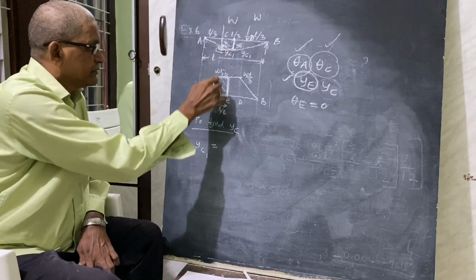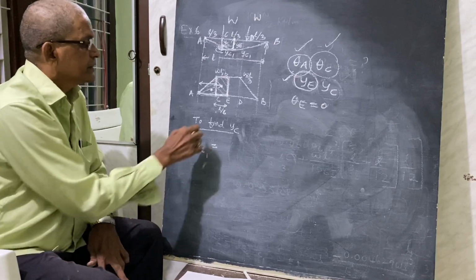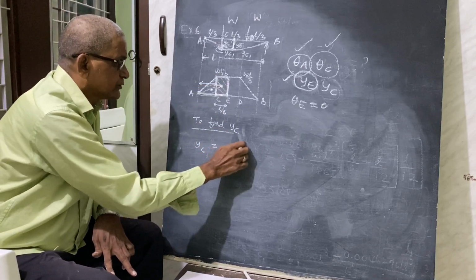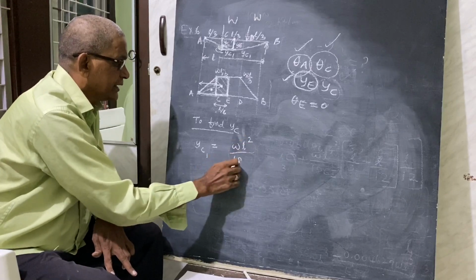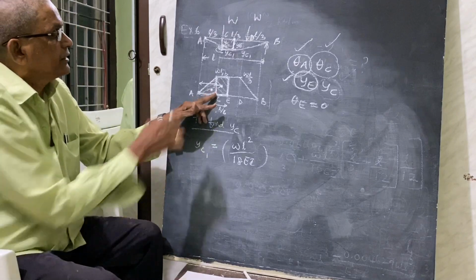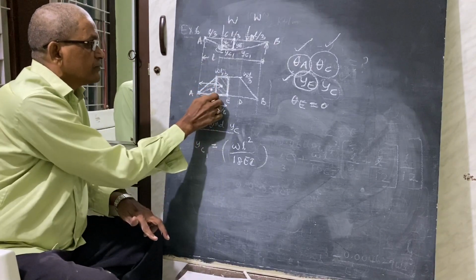So what is the area of this diagram between C and E? Already we have seen the area of this diagram as WL square by 18 EI. So the moment of the area of this diagram about point C. What is the central distance from here to here?